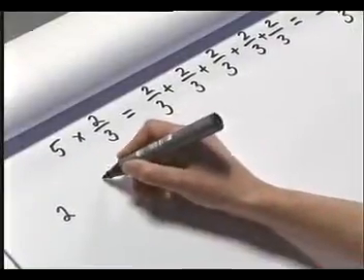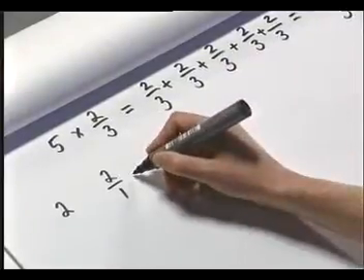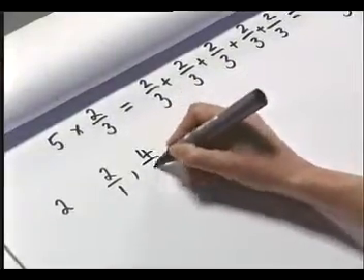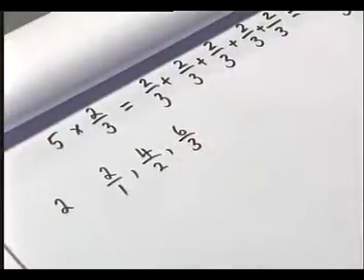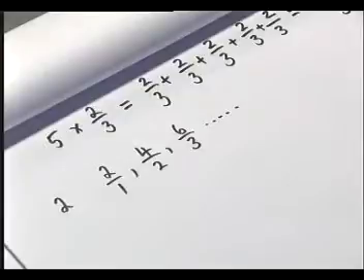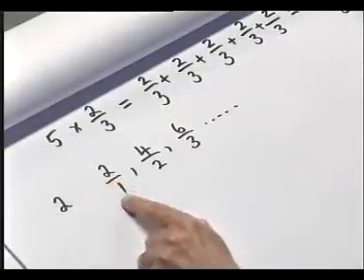Now, any number can be written as a fraction. For example, the number 2 can be written as 2 over 1, 4 over 2, 6 over 3, and so on. So we can write a whole number with a denominator.